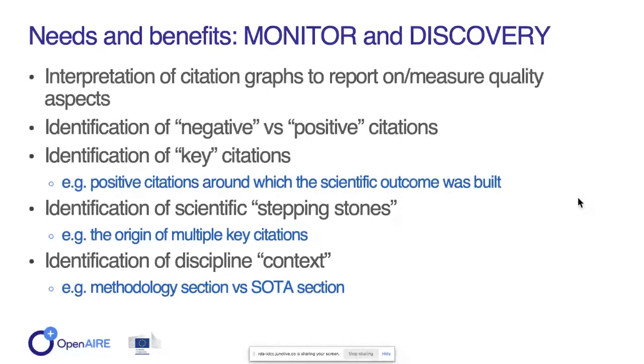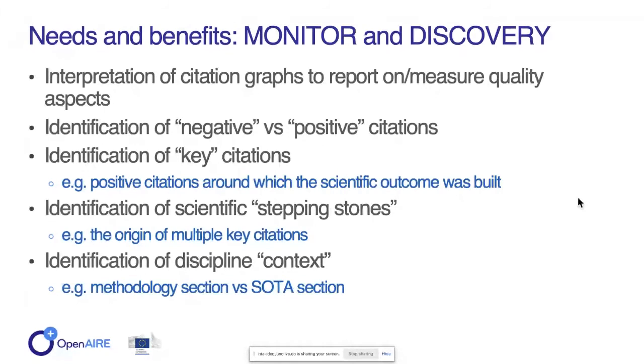As a consequence of this, it would be interesting to analyze the problem of identifying stepping stones, the origin of multiple key citations. These are pieces of research and outcomes which play a key role for the development of a science or a trend, or for the development of a number of results in a specific context.